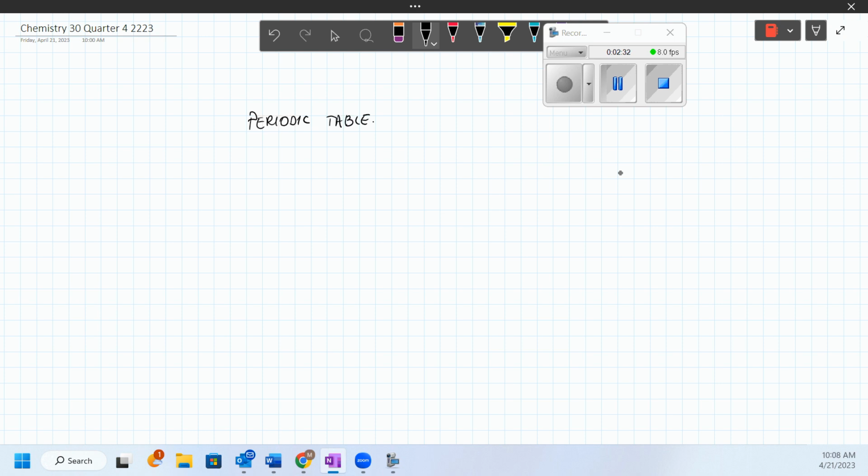The periodic table is in your textbook, or you can find it in the data booklet, which starts with the periodic table on D12.